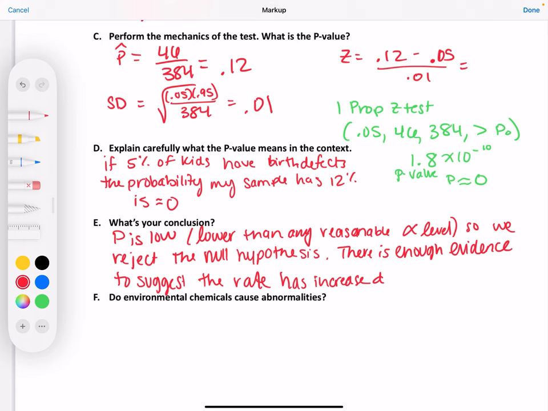So then, do environmental chemicals cause abnormalities?